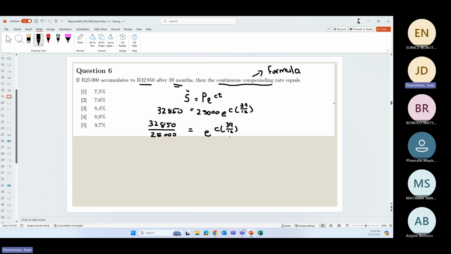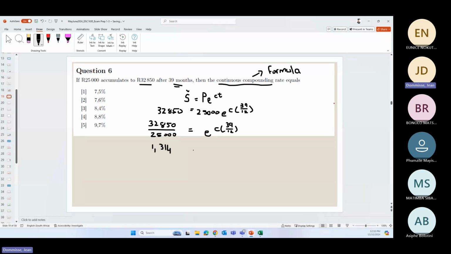There is probably a nice shortcut, but let's first do that. So 32,850 divided by 25,000, that is 1,314.